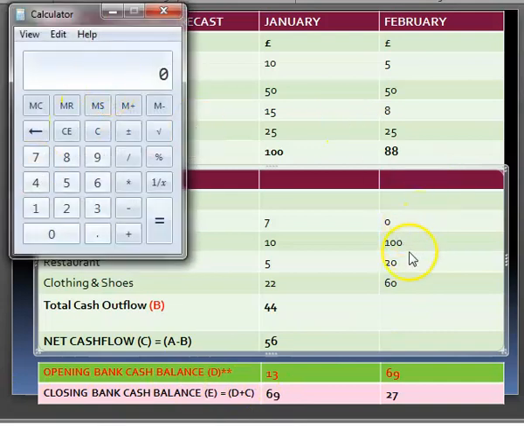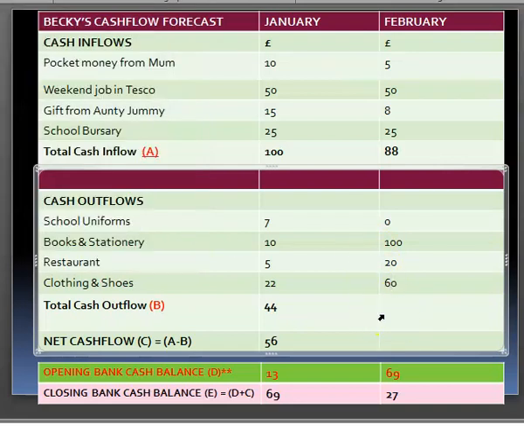I've just changed the figure. Now £100 plus 20, that's how much you're spending, plus 60. So you decide to spend £180 in February.